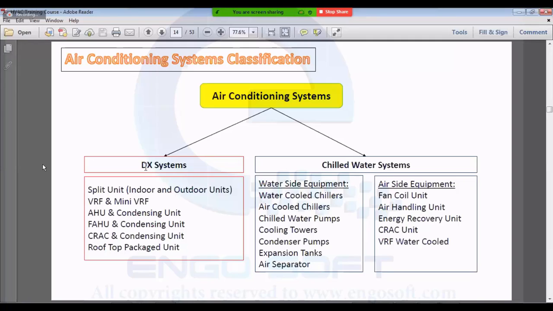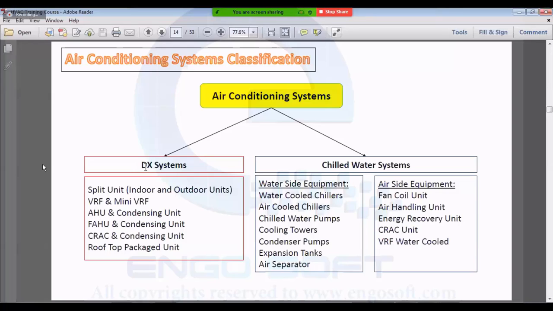Water side means that they are dealing with water as the medium, while air side equipment is dealing with the air.